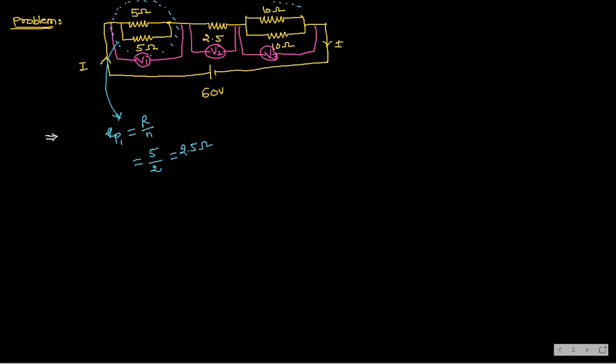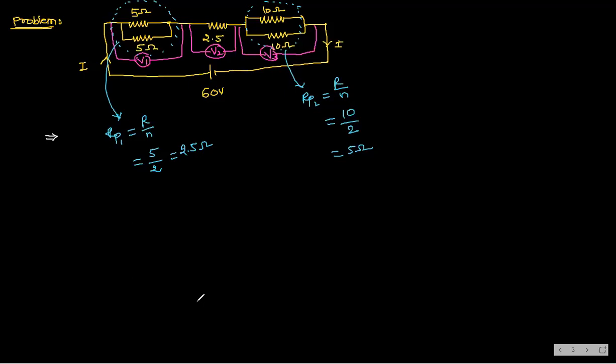Next, one more branch is there, which is again in parallel. So here it is RP2, equal to R by N. Here R is 10 and the number of resistors connected is 2. That's why this is 5 ohm. If the same resistor is connected in parallel n times, this formula I have already discussed.